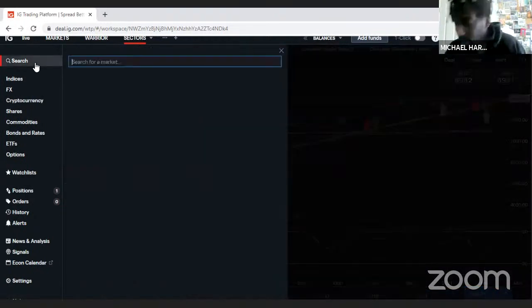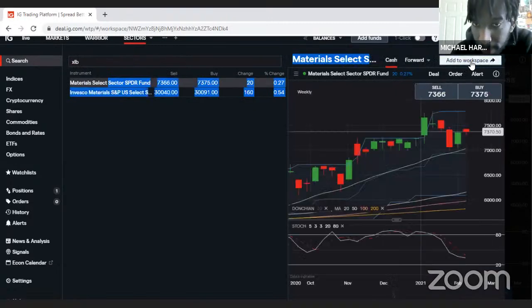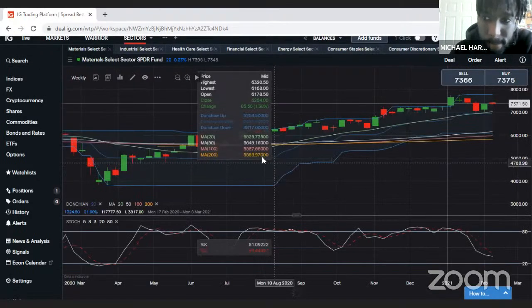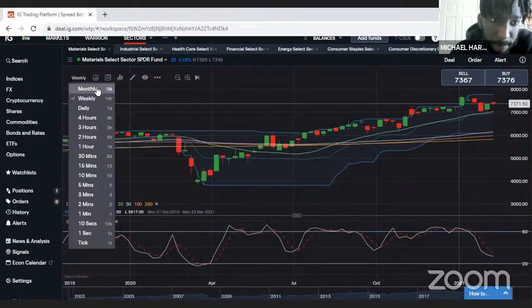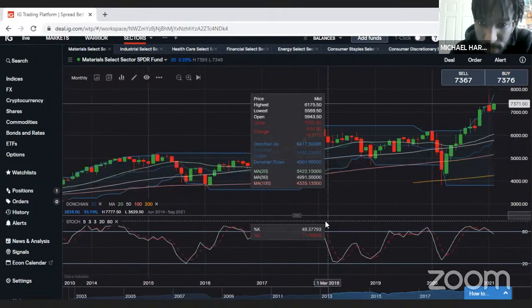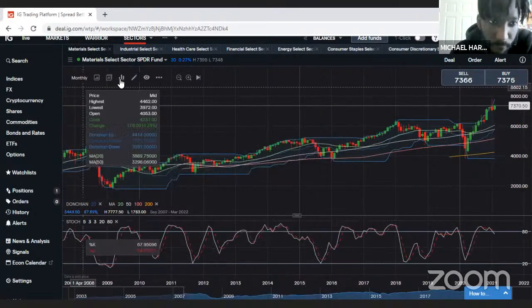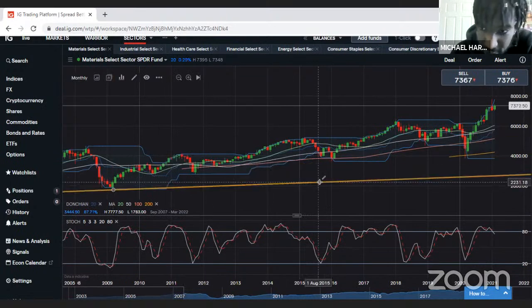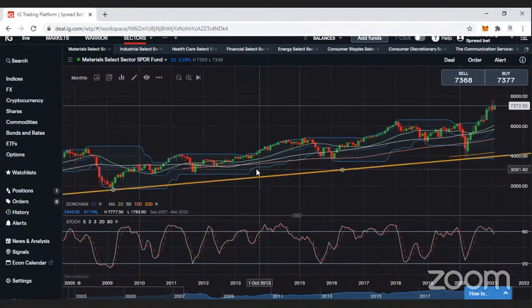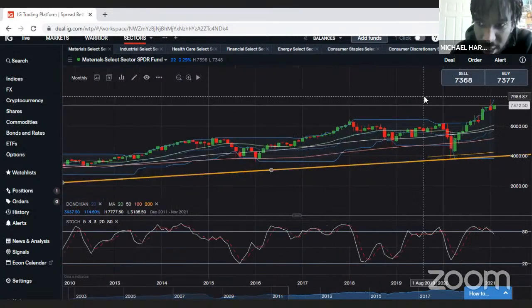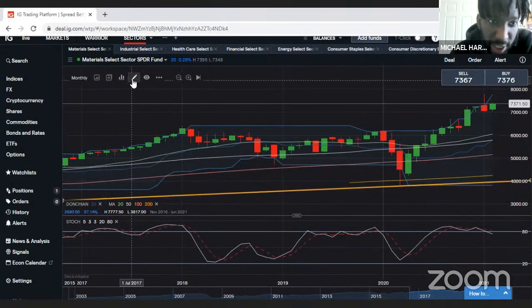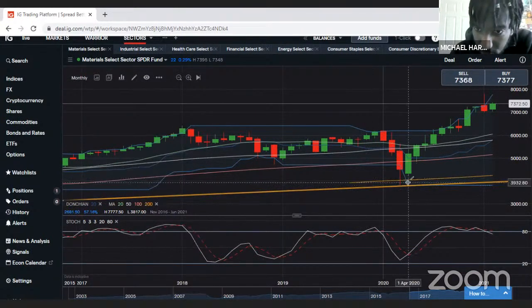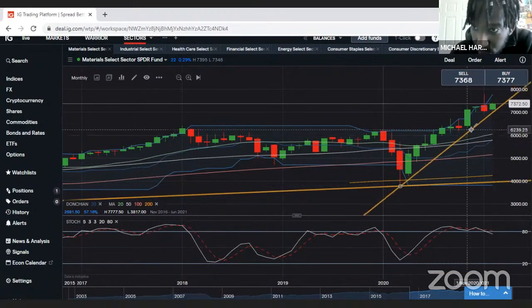Okay. Next sector is Materials XLB. I think this is actually a trend line from here all the way there. Ever so slightly. And then the weekly would be from here to here.